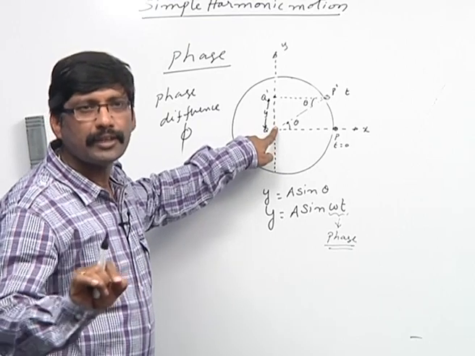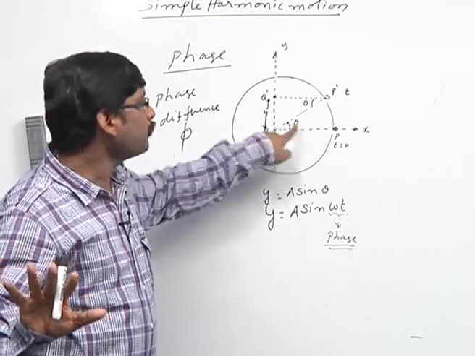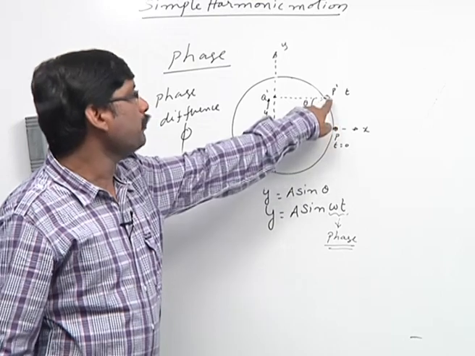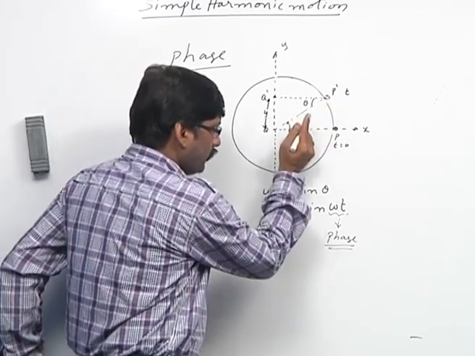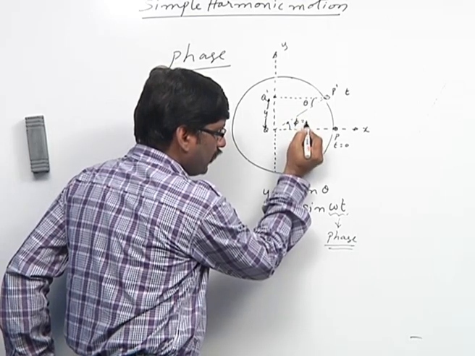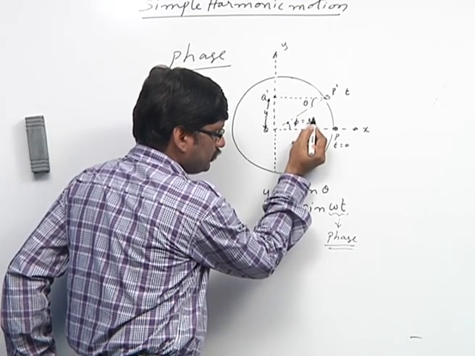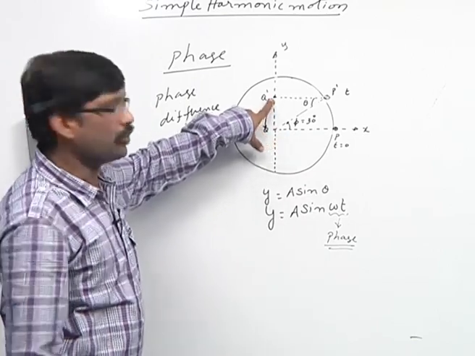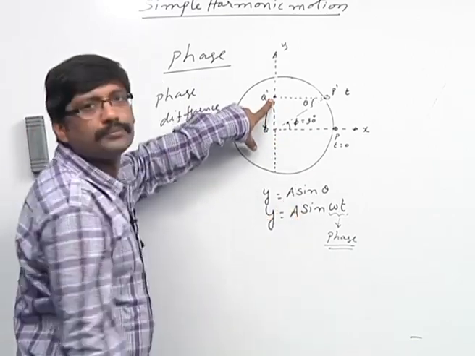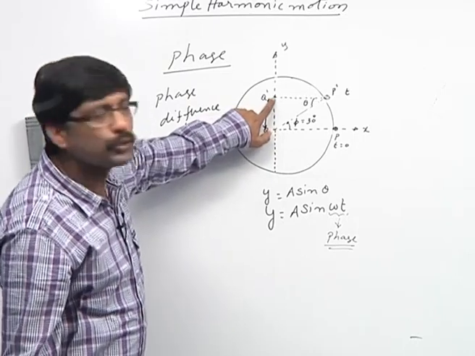But it is not always the case. Sometimes the particle P may start from somewhere else, where theta is, for example, let us say phi value is 30 degrees. That means its projection y is equal to a by 2. So it may start from this position.